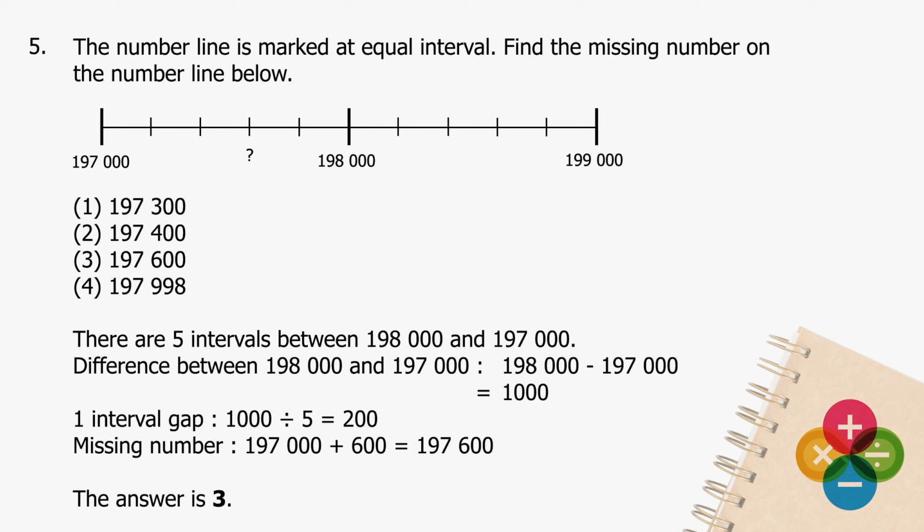Difference between 198,000 and 197,000 will be, subtract 197,000 from 198,000, and the difference is 1,000. One interval gap will be, divide 1,000 by 5, and the quotient is 200. The missing number will be, add 197,000 to 600, and the sum is 197,600. The answer is 3.